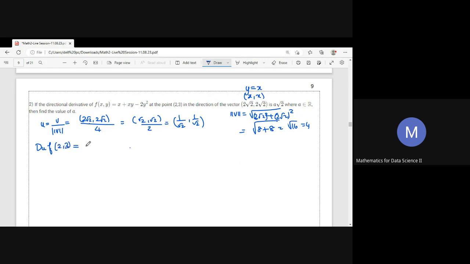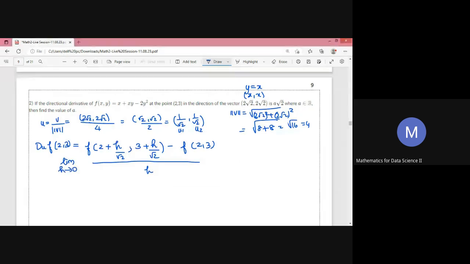You have to consider the limit as h goes to 0 of f of 2 plus h times u1, which is 1 by root 2, and 3 plus h times u2, which is again 1 by root 2, minus f of (2, 3), whole divided by h.